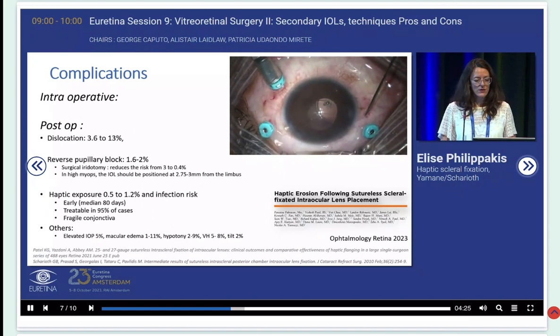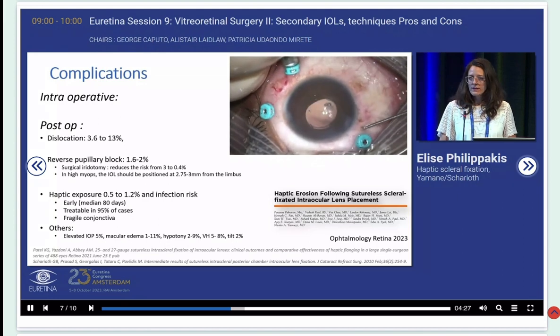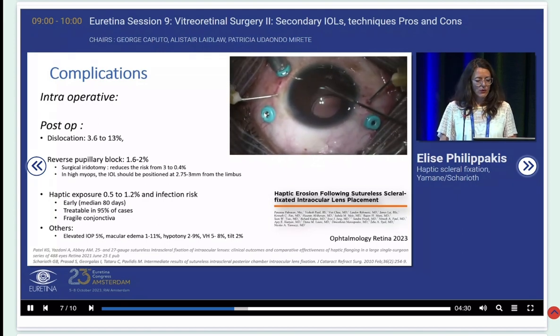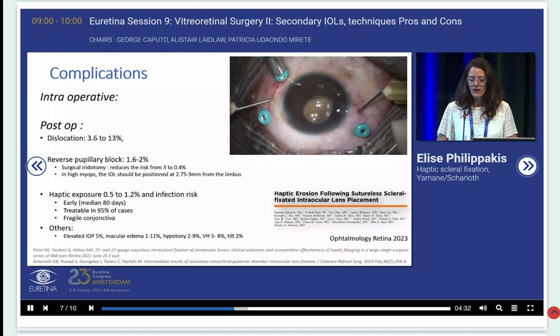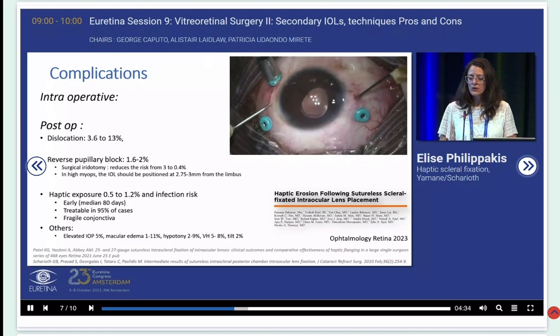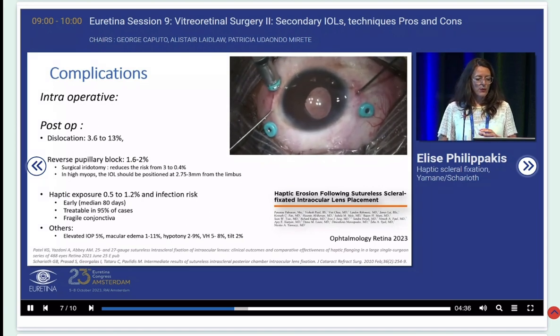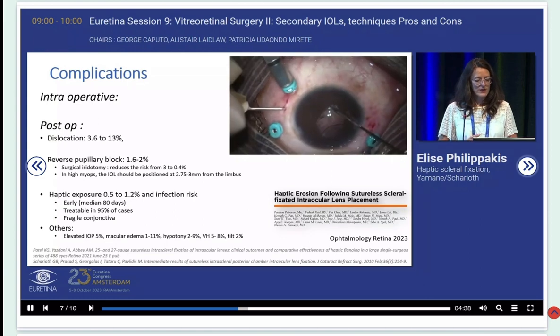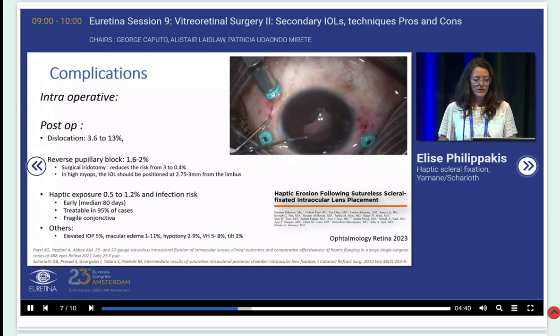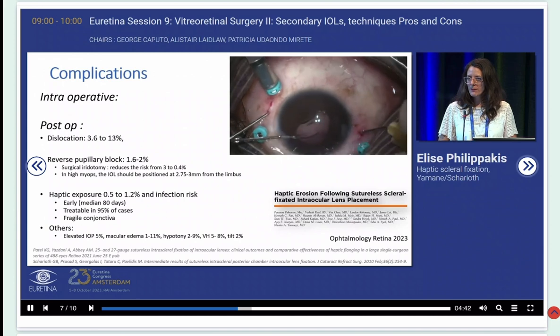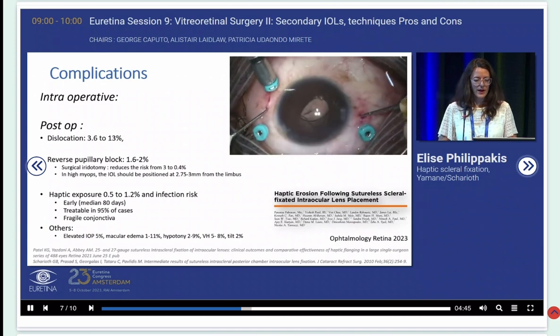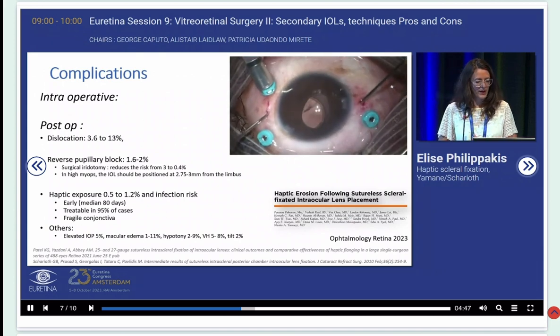Post-op complications, the main one is dislocation, but as I told you, it's usually caused by decentration or trauma on the haptics. And the reverse pupillary block is lower if you do PI or if you position just a bit further from the limbus, especially in highly myopic eyes, probably 3 millimeters might be better.